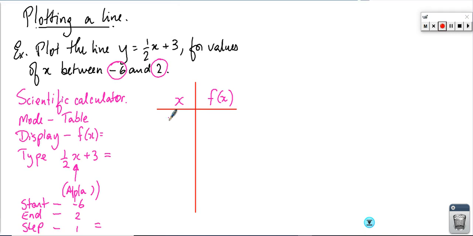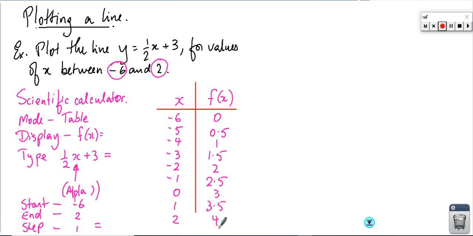Underneath x, you're going to see minus 6, minus 5, minus 4, minus 3, minus 2, minus 1, 0, 1, and 2. And f(x), you're going to see 0, 0.5, 1, 1.5, 2, 2.5, 3, 3.5, and 4.